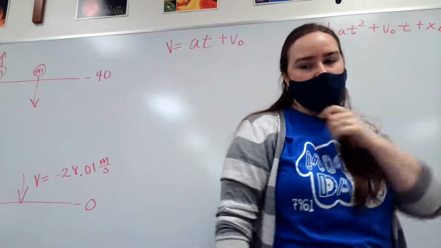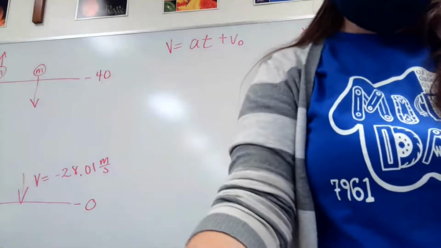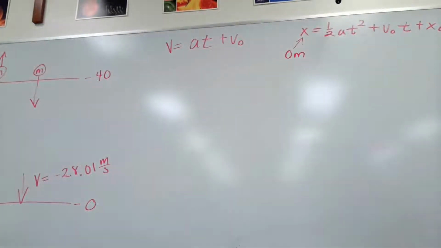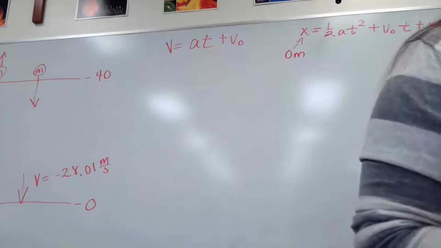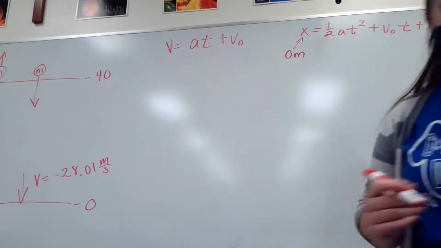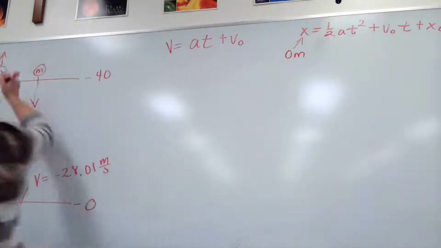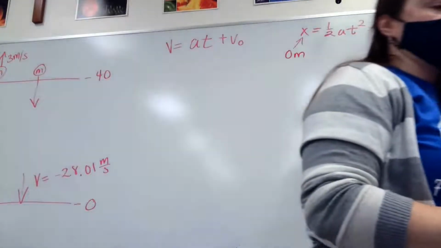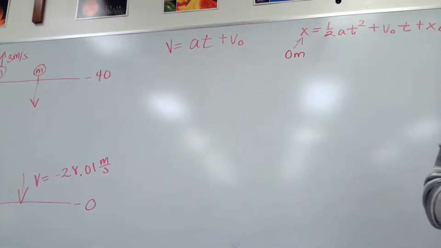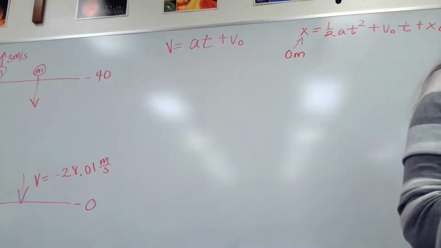I have some numbers that I actually solved for, so let me make sure. All right. We're going to say that our upward velocity here is 3 meters per second. And I didn't tell you what mass was, right?